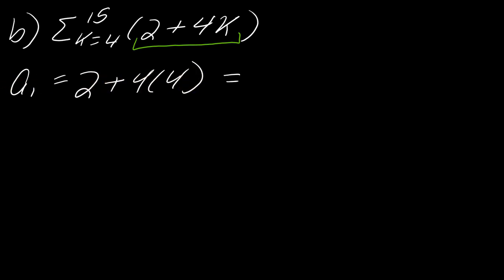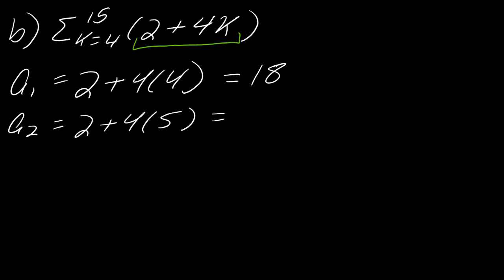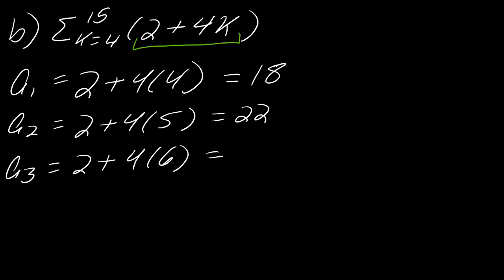So this is just 2 plus 16, so that equals 18. Okay, so there's the first term. Let's keep going. 2 plus 4 times 5, that's going to be 22. And then a sub 3, that's going to be 2 plus 4 times 6. So that's going to be 26.